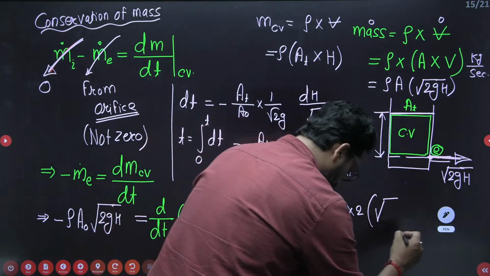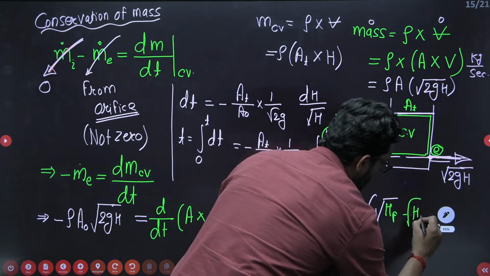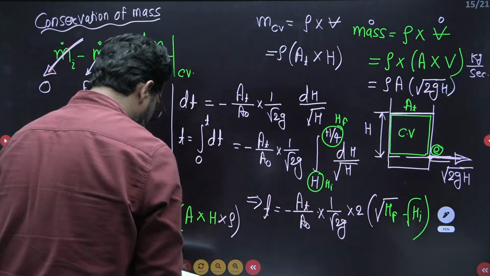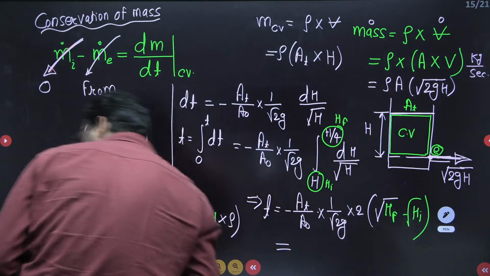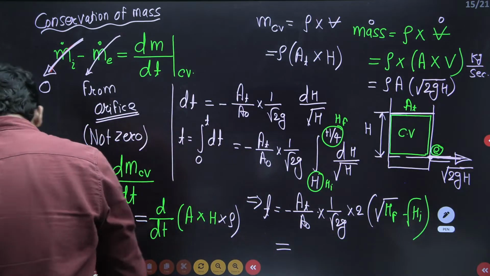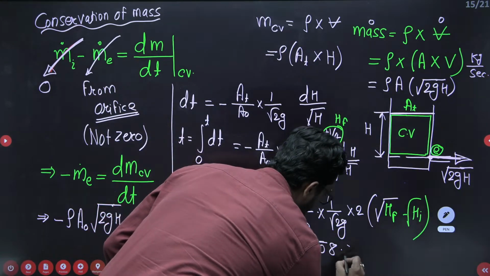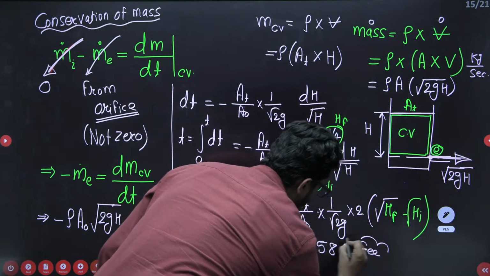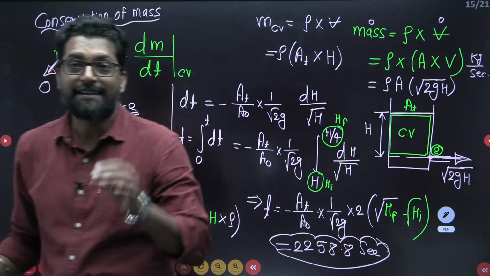So this is the relation. Put all these values, and the time in seconds is 2258.8 seconds. Clear?